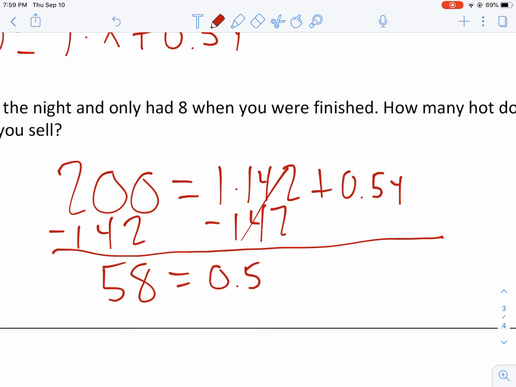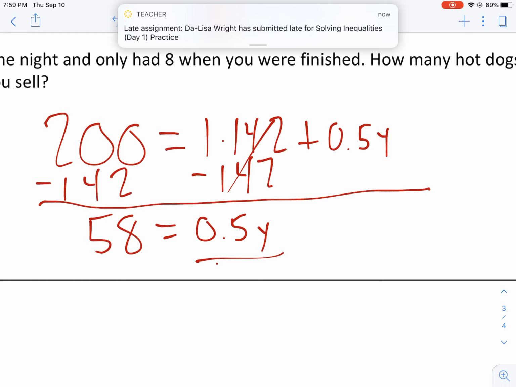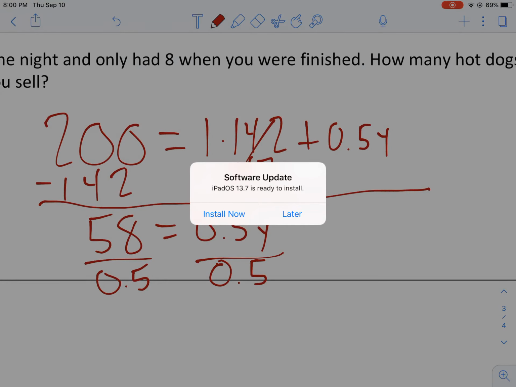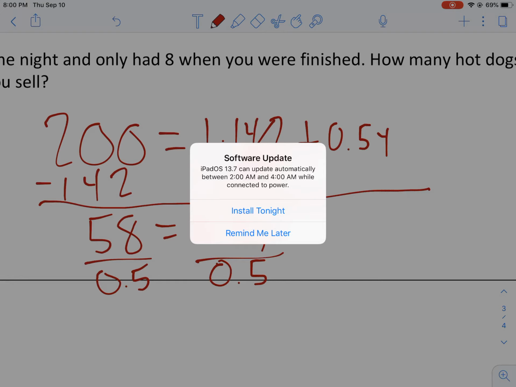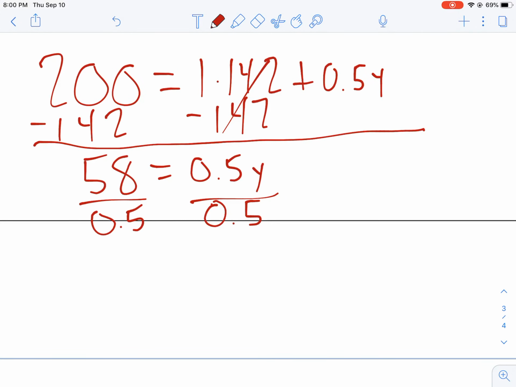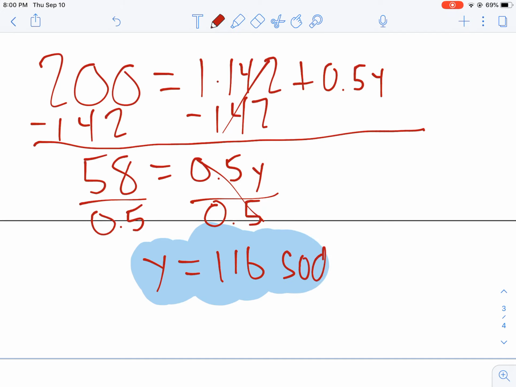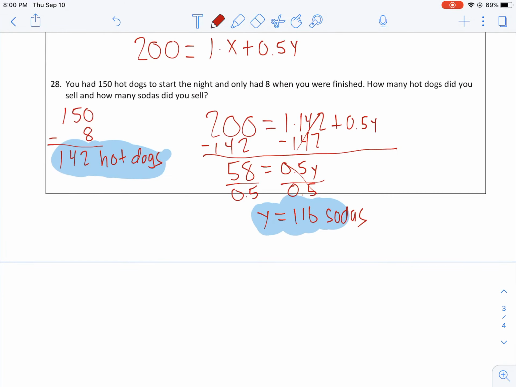So 58 equals 0.5y. We finish this off by dividing by 0.5. 58 divided by 0.5 should be 116. I just did that in my head. I hope I'm correct. 116. So we have 116 sodas sold.